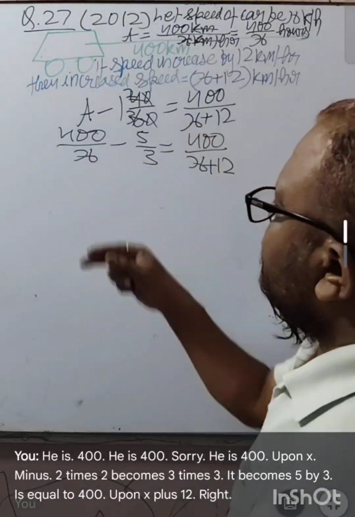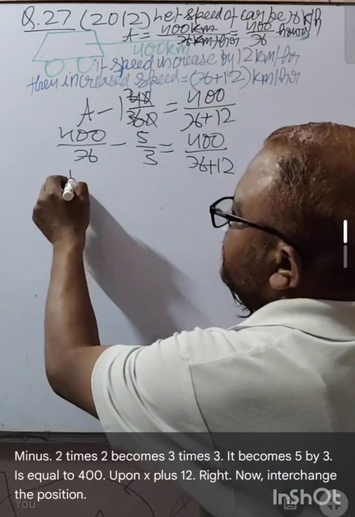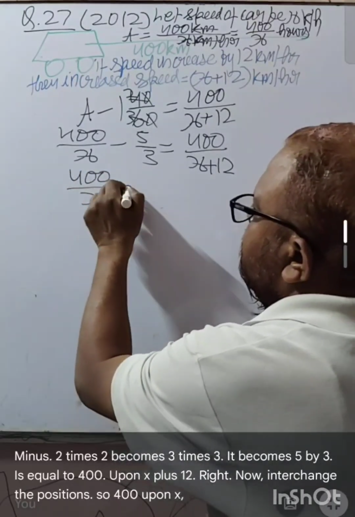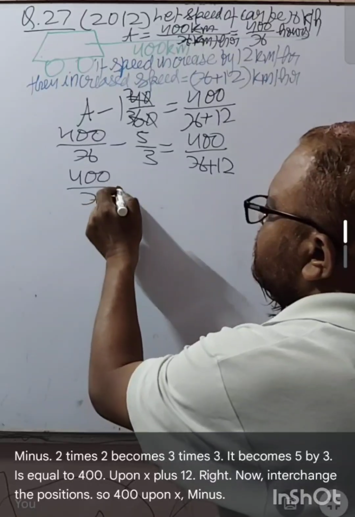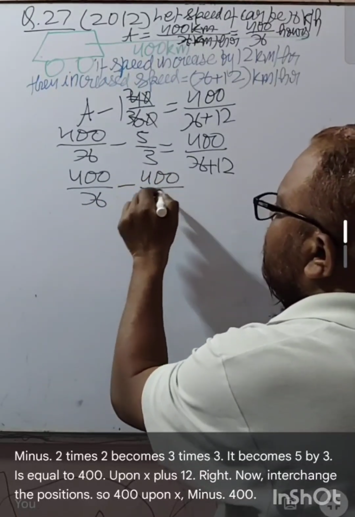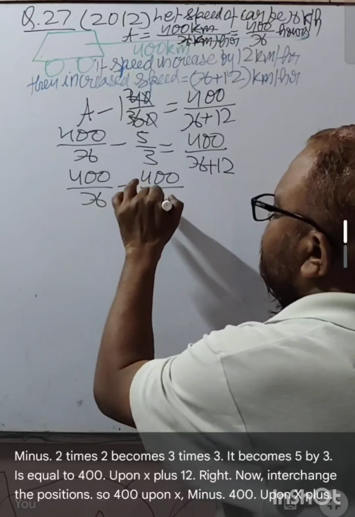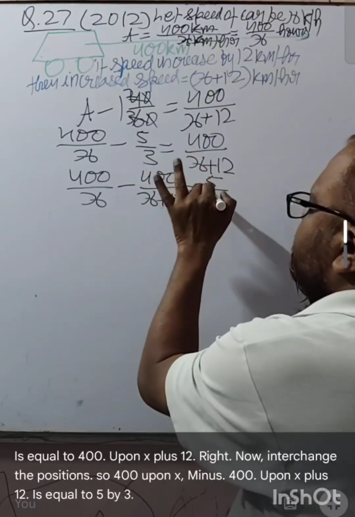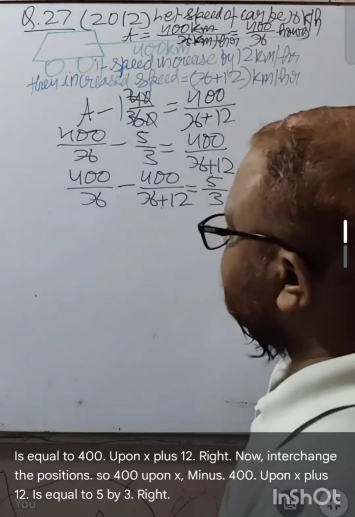Right. Now interchange the positions. So 400 upon x minus 400 upon x plus 12 is equal to 5 by 3. Right.